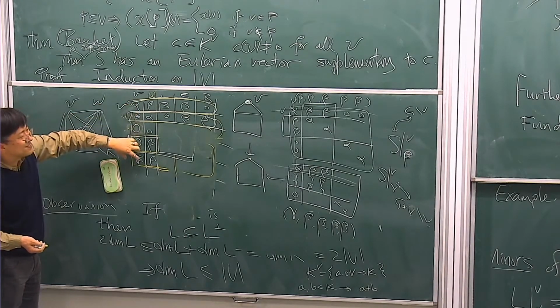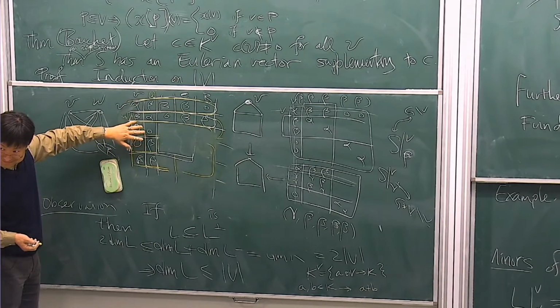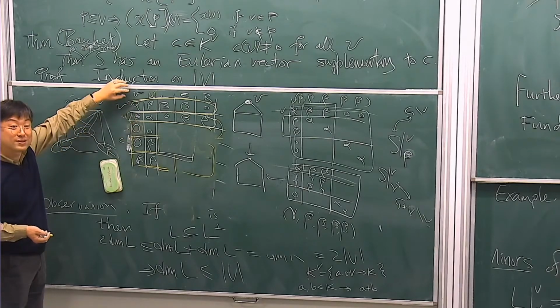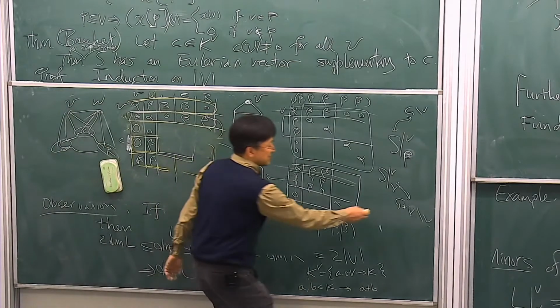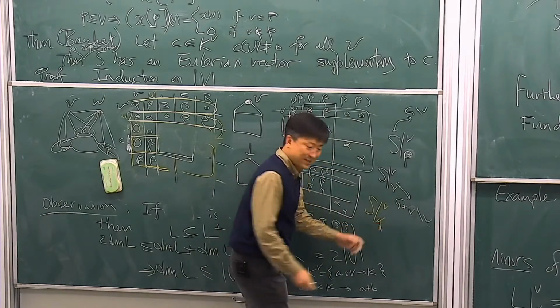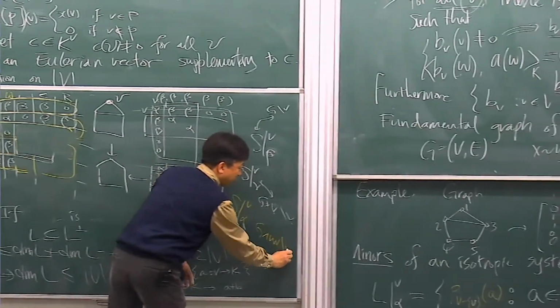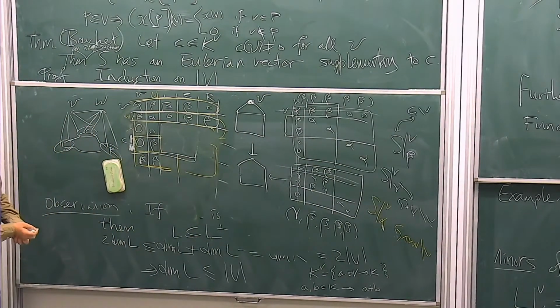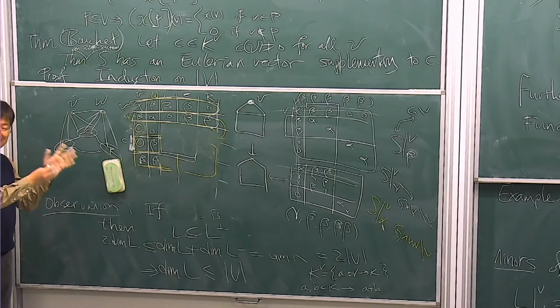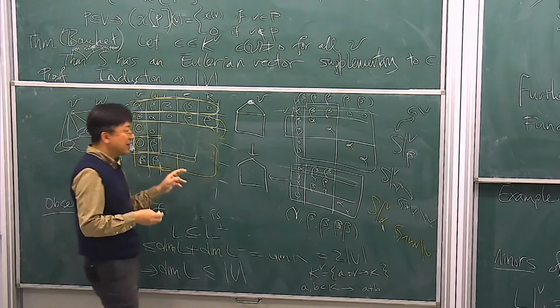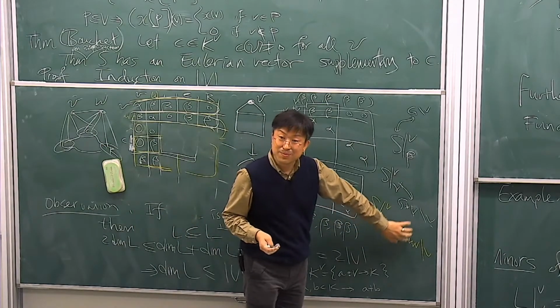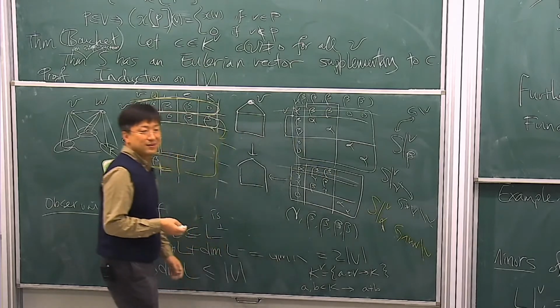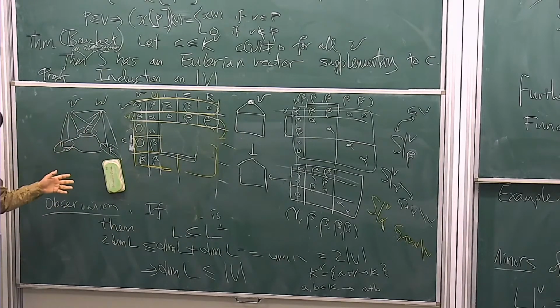these become alpha. This row, this column become alpha or something else, and then the reduction corresponds to this graph. So in summary, any graph which you can obtain by a sequence of local complementation and pivot can be written as a fundamental graph of an isotropic system, which is a minor of your initial isotropic system.